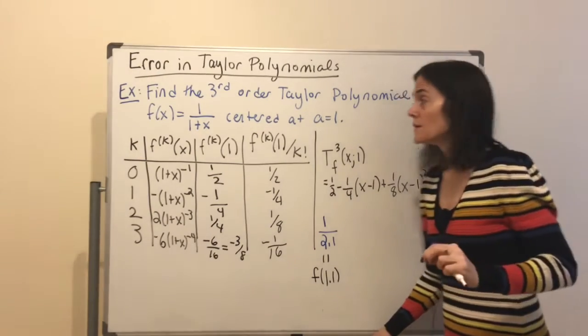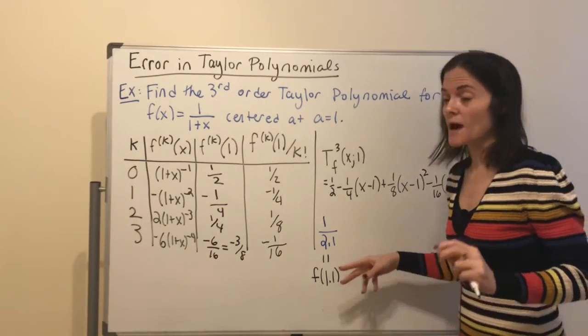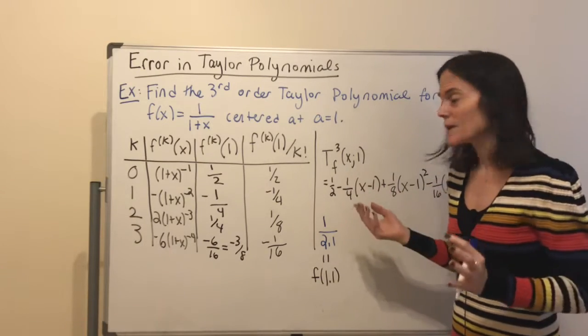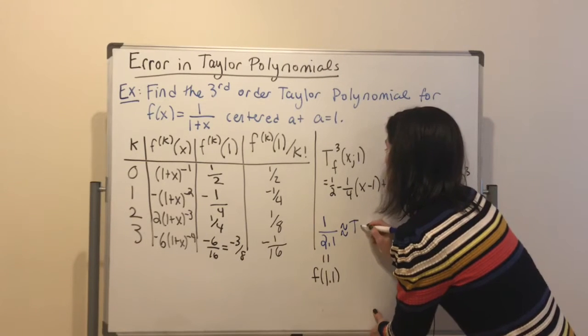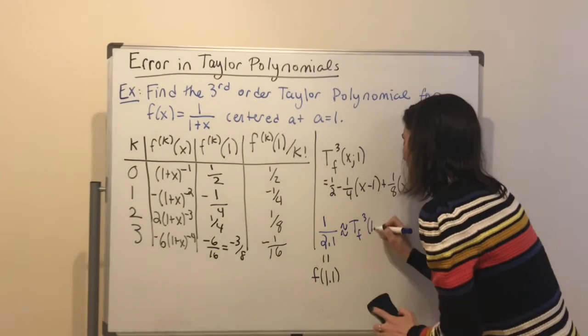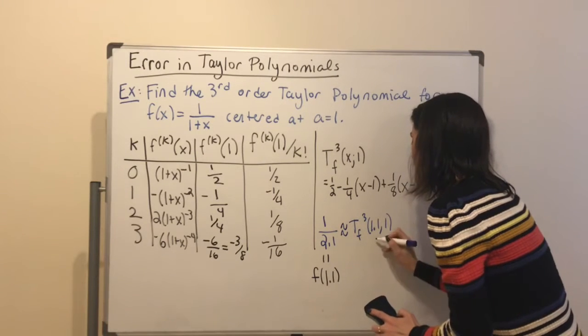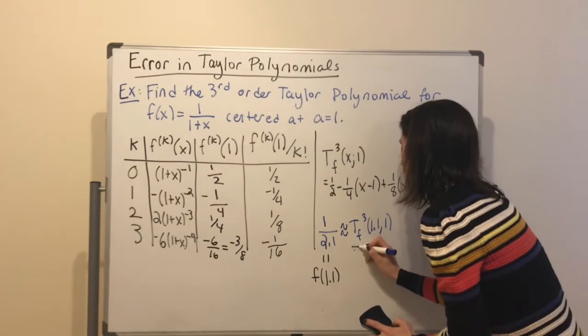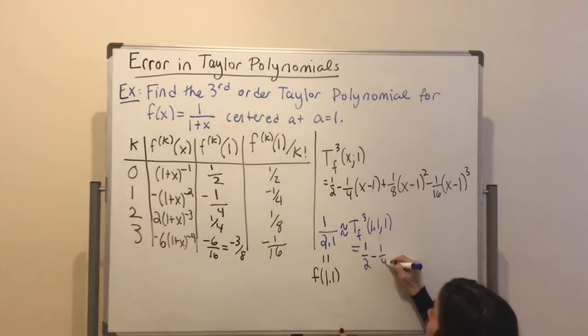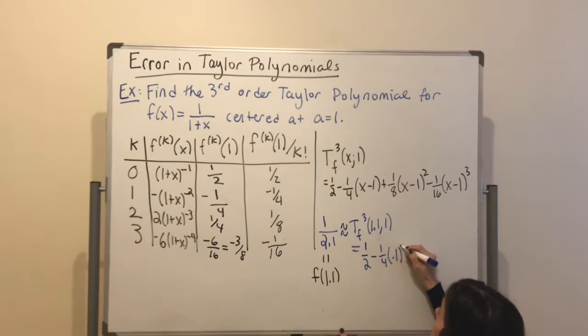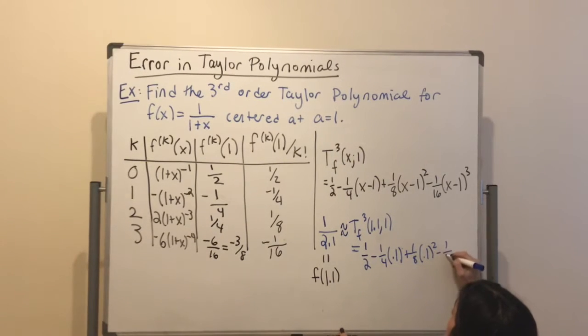If I want to get an approximation of this where I am just evaluating polynomials, this is approximately T3 of f at 1, which equals, well, I would just evaluate this thing at 1.1. This is just 0.1, and then plus 1/8 (0.1) squared minus 1/16 (0.1) cubed, like this.